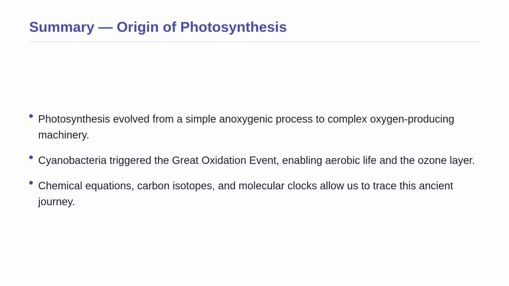Second, this innovation by cyanobacteria triggered the Great Oxidation Event, paving the way for complex aerobic life and the protective ozone layer. Finally, by studying chemical equations, carbon isotopes, and molecular clocks, we can trace this incredible journey back billions of years. You now have a solid understanding of how early life harnessed the sun to change the world.